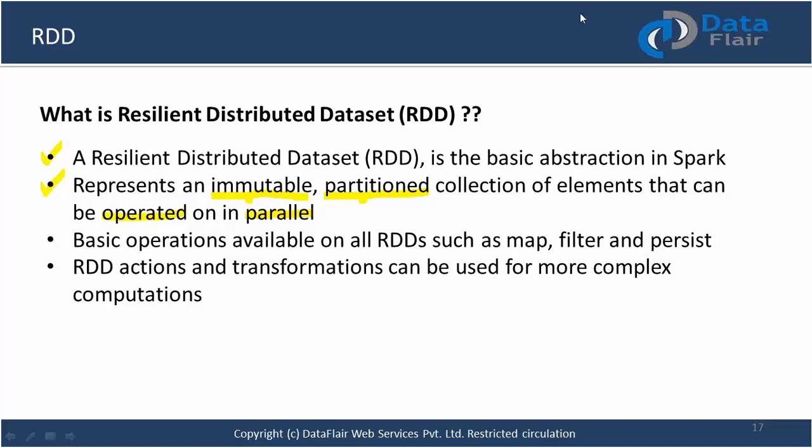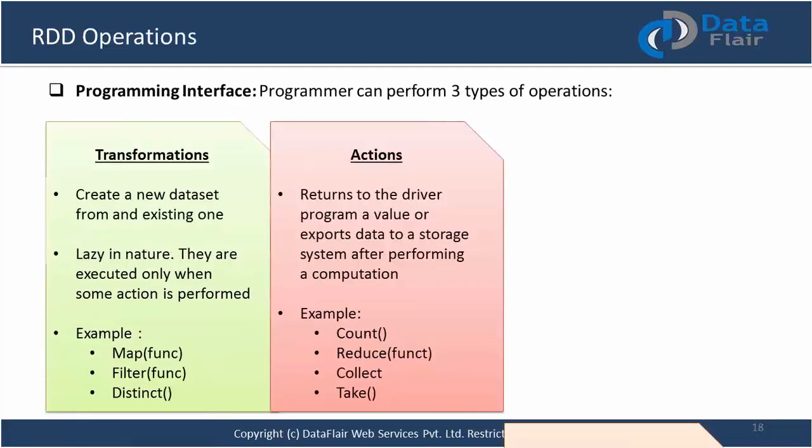So guys, basic operations available on RDDs are like map, filter, etc. RDD actions and transformations can be used for complex computation. Let's discuss what is transformation and what is action. Let's discuss these transformations and actions in more detail.